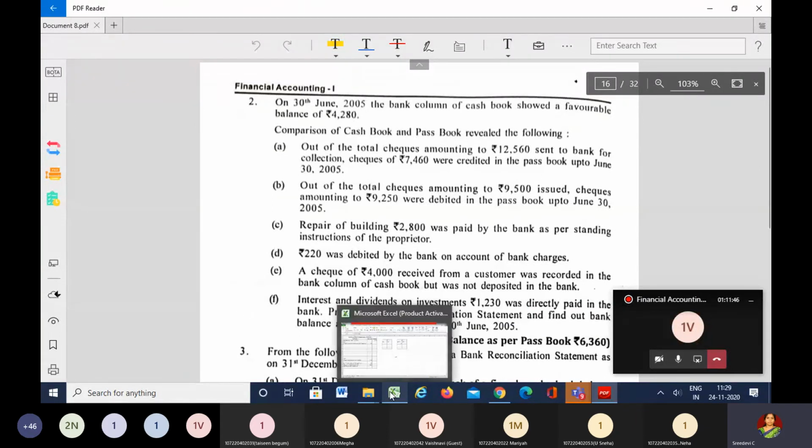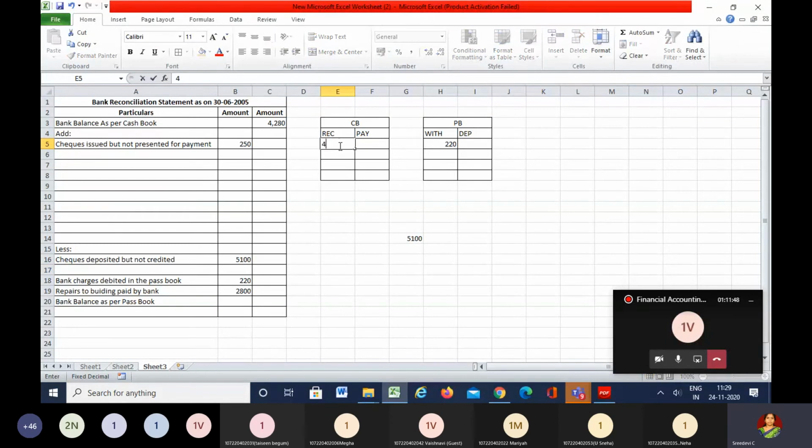So therefore, what is going to happen now? The entry has already been made in the cash book, but there is no entry in the passbook. So what is going to happen because of this? Cash book is more and the passbook is less. So it is called checks received but not deposited. It's not checks deposited but checks received but not deposited.